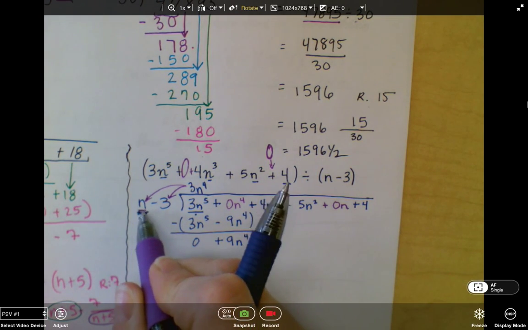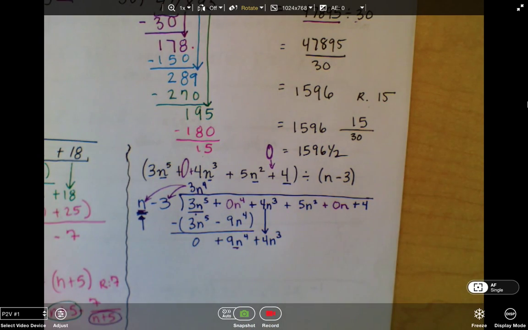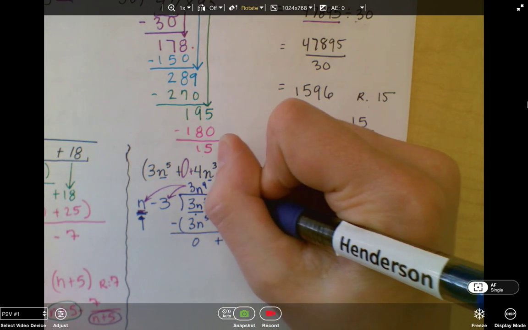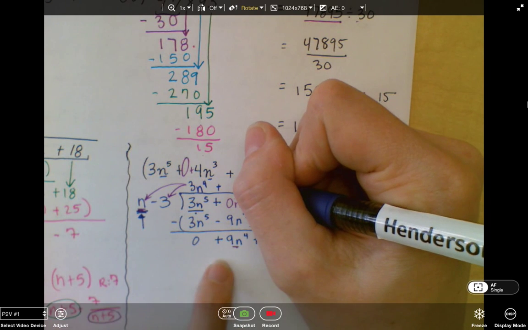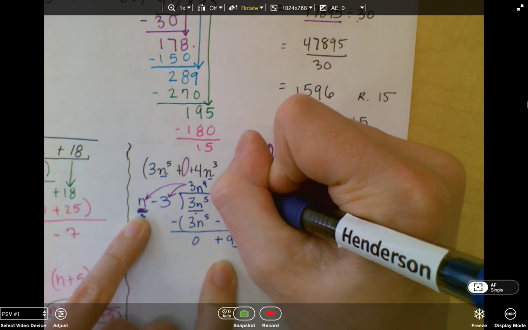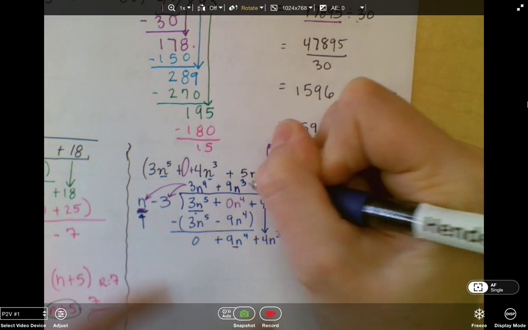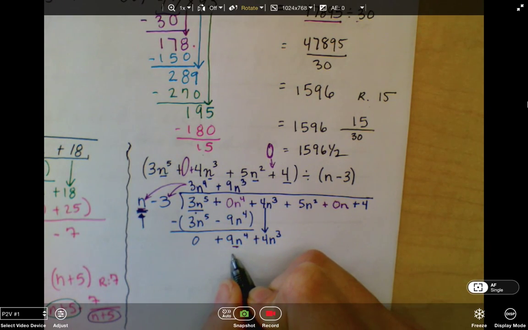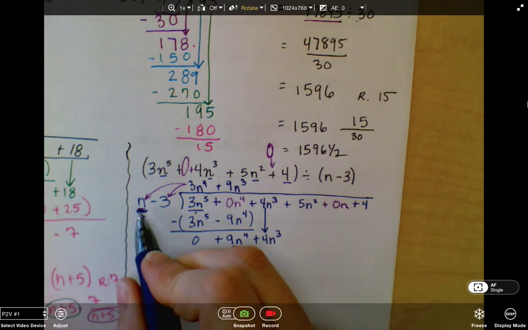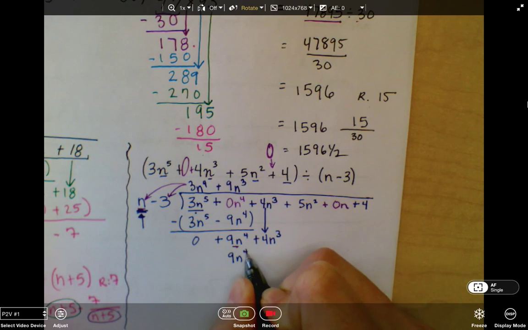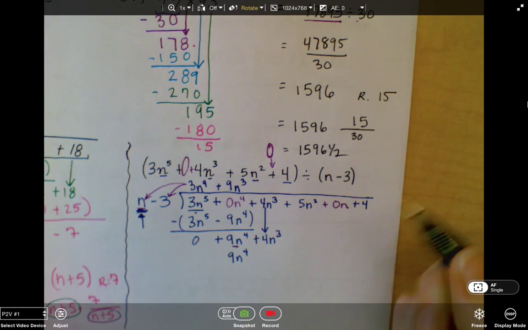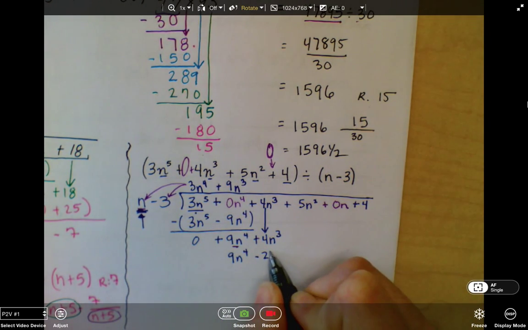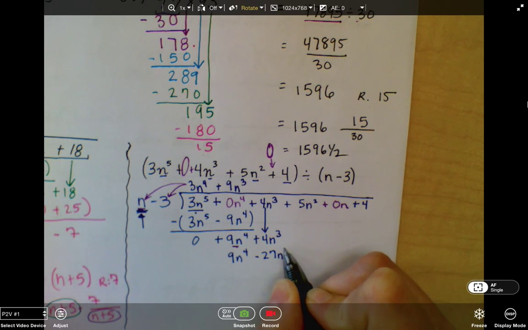So now we're going to be checking this guy against this guy. Well, that would be 9n cubed goes in. I'm going to multiply through. 9n cubed times n is 9n to the fourth. And then times negative 3 is negative 27n cubed.